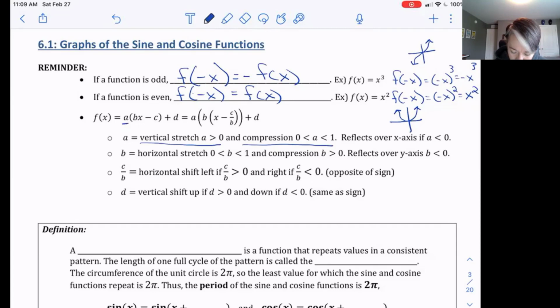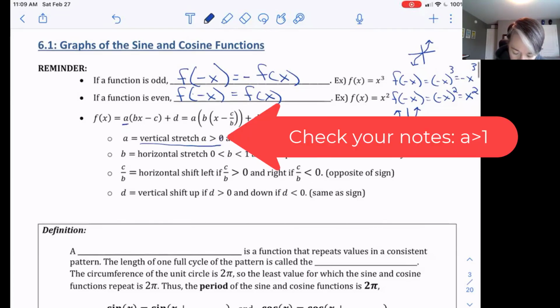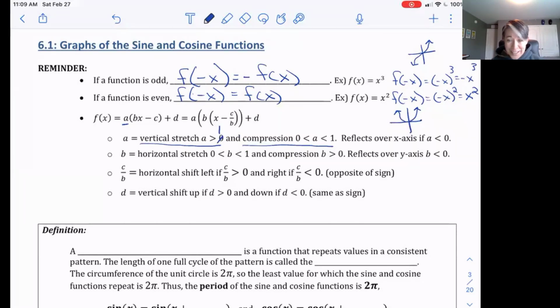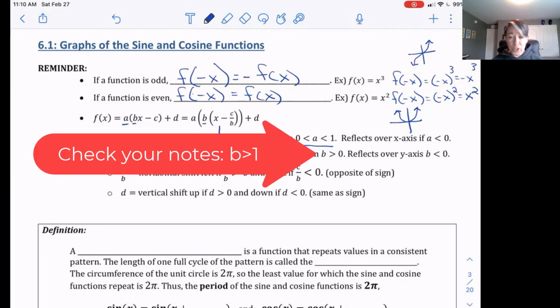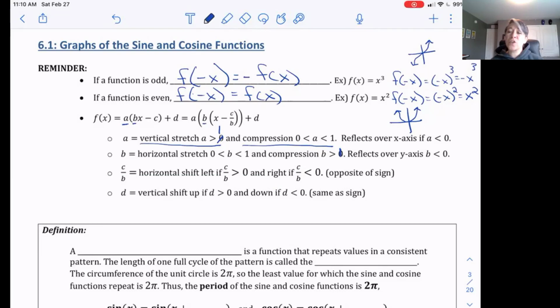It's a vertical stretch if a is greater than 1, and a compression if a is between 0 and 1. If a is negative, it means it reflects over the x-axis. For b, the number that's being multiplied by our x, it's a horizontal stretch if b is between 0 and 1, and it's a compression if b is greater than 1, and then it reflects over the y-axis if b is negative.